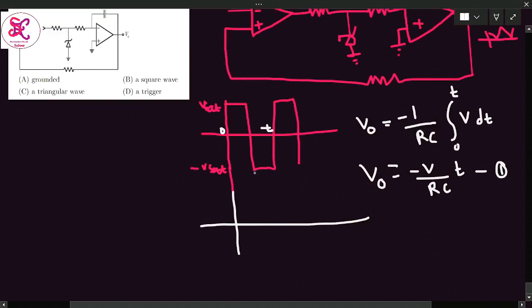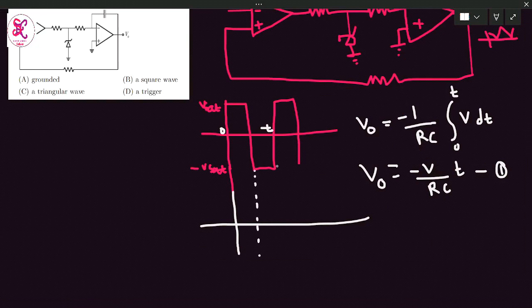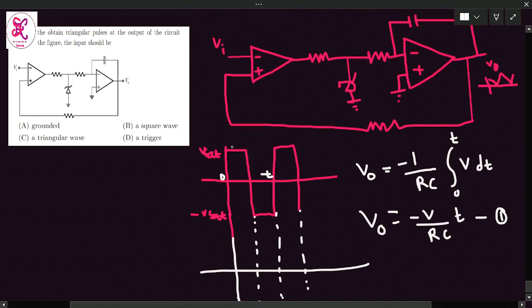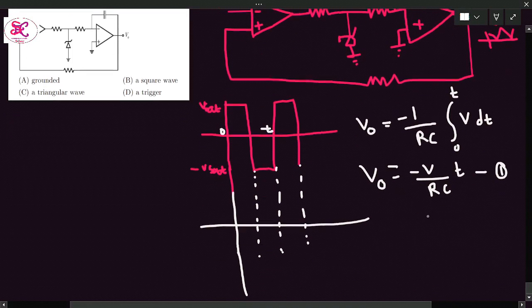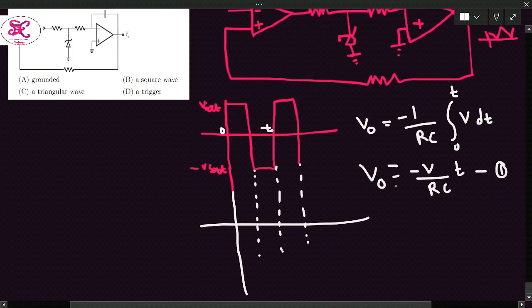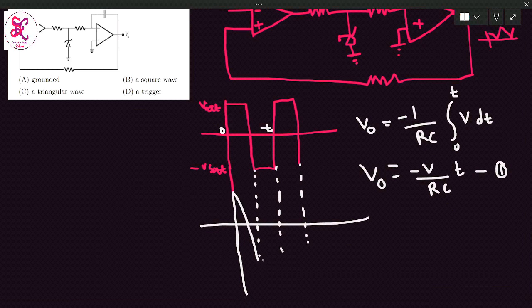During the positive half cycle, the input to the inverting terminal of the integrator is plus V saturation, and we get minus V saturation by RC, a decreasing ramp. In the positive half cycle, we are getting a decreasing ramp.